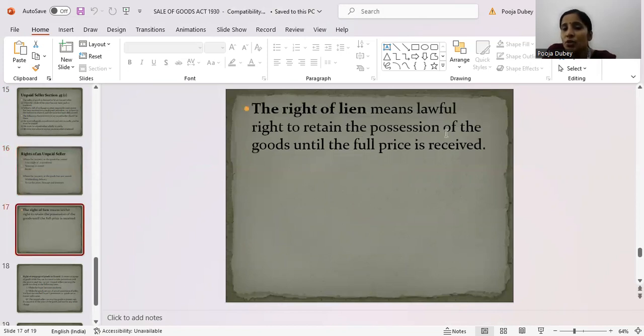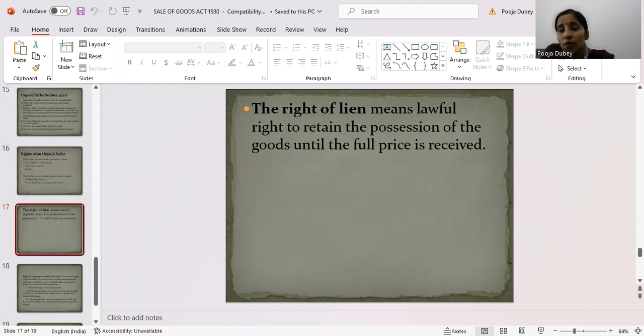Lawful right to retain the possession of the goods until the full price is paid. Lien means what? That if the goods are in transit, you have the right to restrict the transition of goods until the full price is received. So what logic can you find behind this? Who is an unpaid seller?